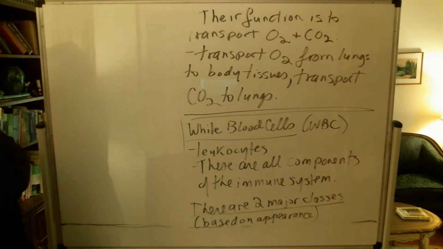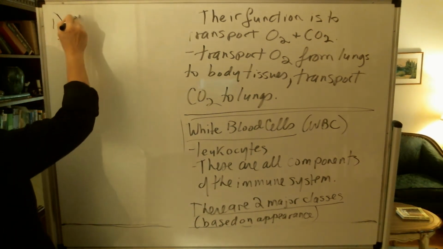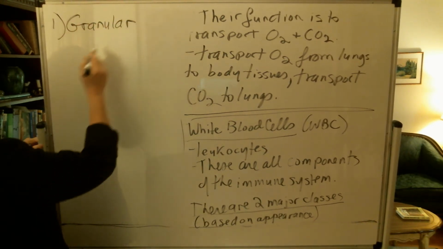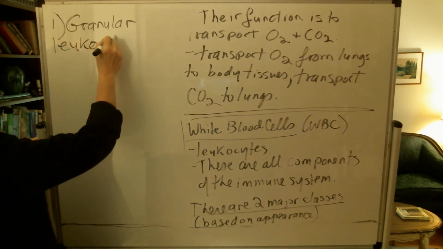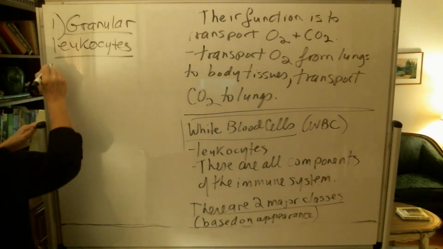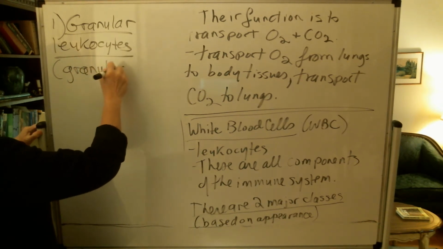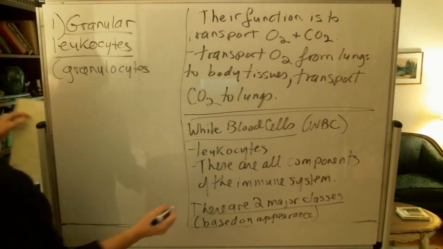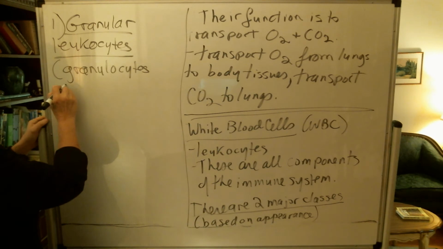So the two classes then are granular leukocytes, sometimes known as granulocytes. And this is just a descriptive name.